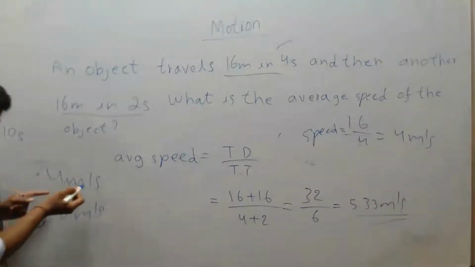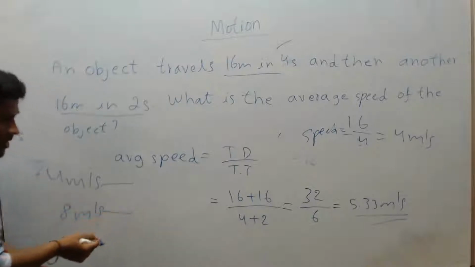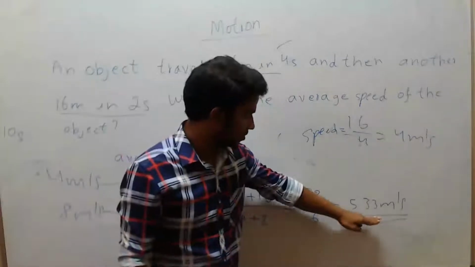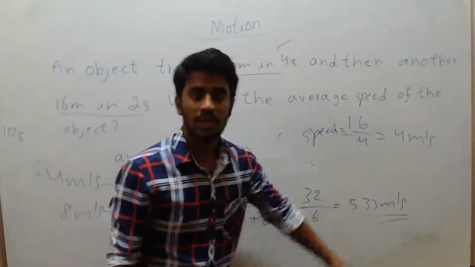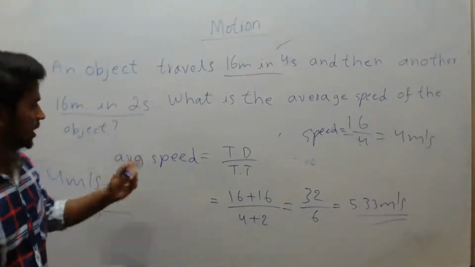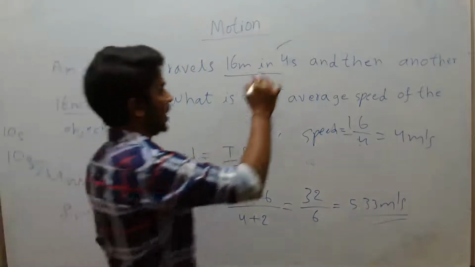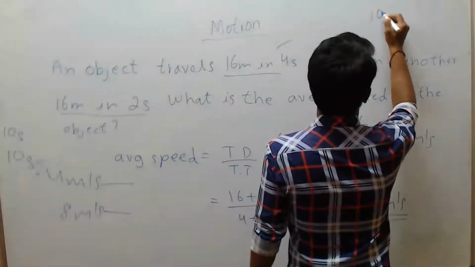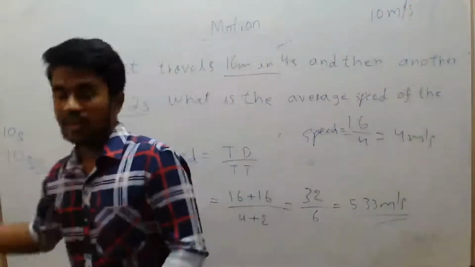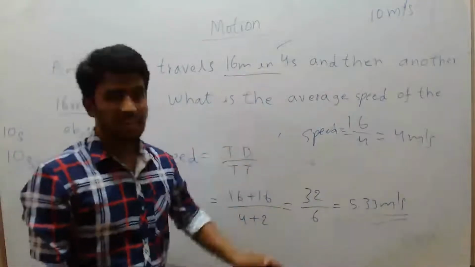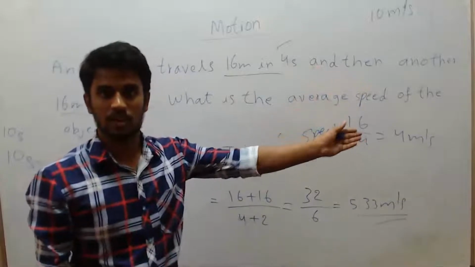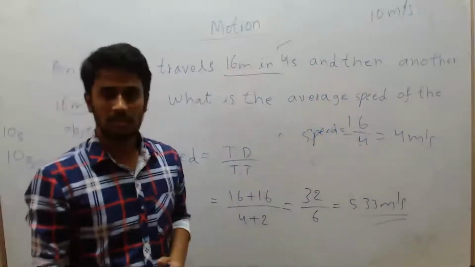Instead of traveling first at 4 meter per second, then 8 meter per second, if you travel with the speed 5.33 from starting to ending, then also you will take the same time only. So that is the average speed, which means that while traveling, maybe the object's speed is less than the average and at times greater than the average, but the average speed is 5.33 meter per second.